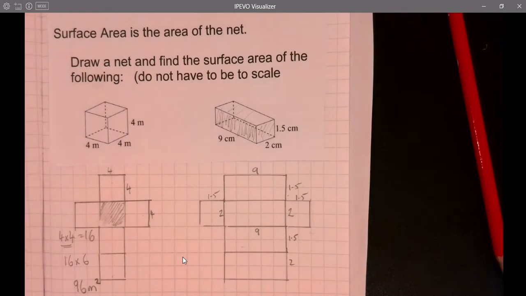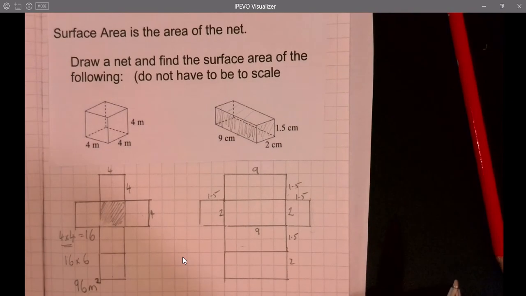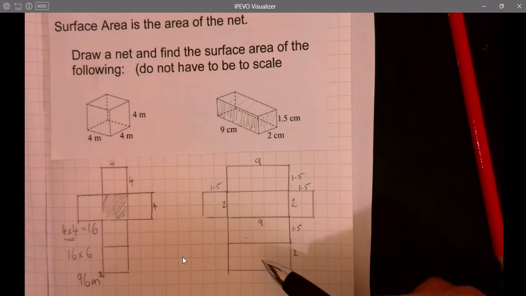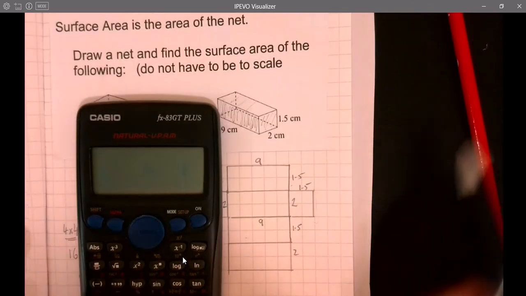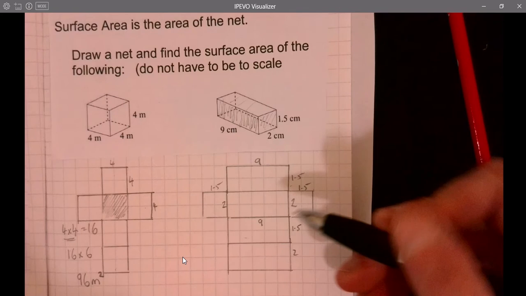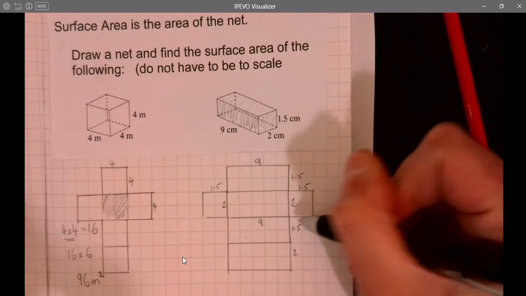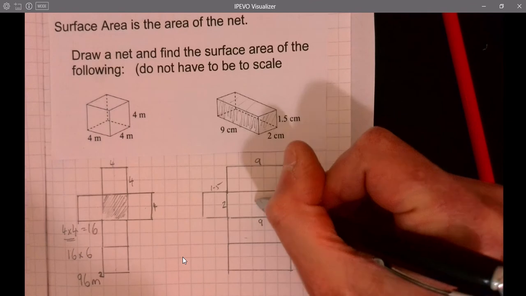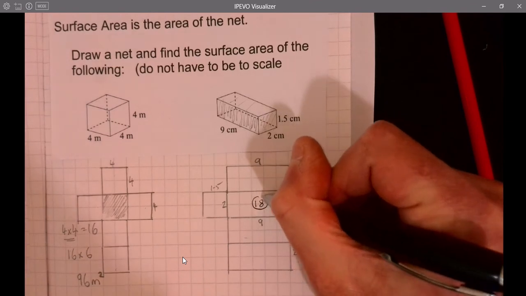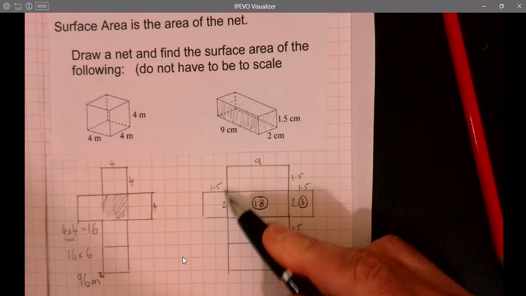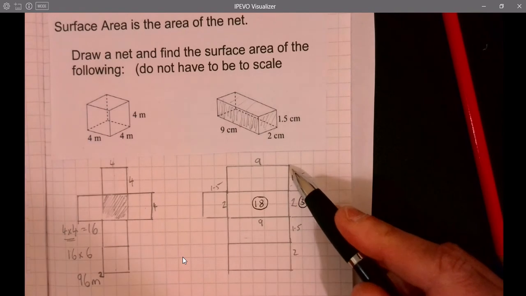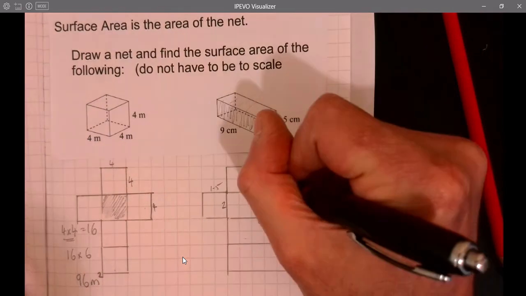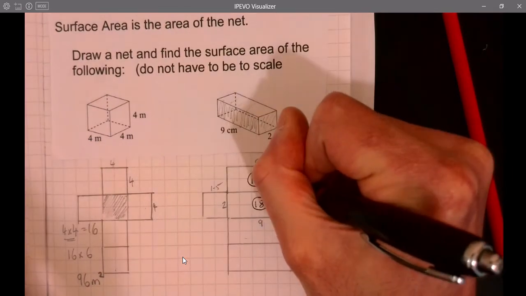So what we want to do is work out the total surface area. Let's see what type of rectangles we've actually got. If you want to use your calculator, of course that's fine, but basically we've just got a load of rectangles. So we've got 2 times 1.5, so that one there is 3. We've got 2 times 9, that one there is 18. And then I've got 1.5 times 9, which is 13.5.